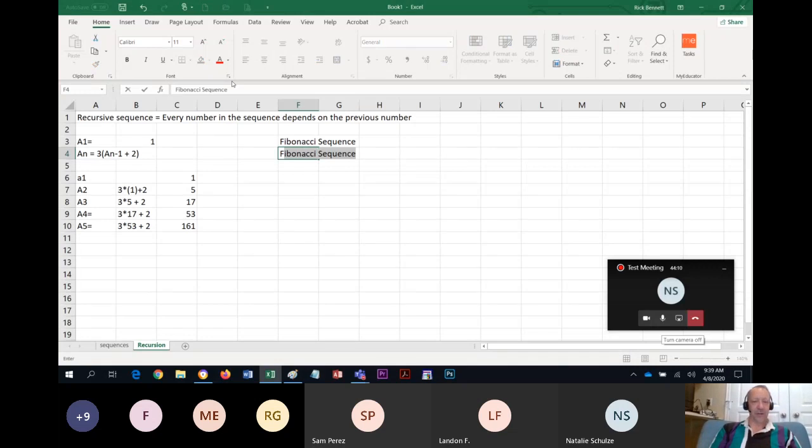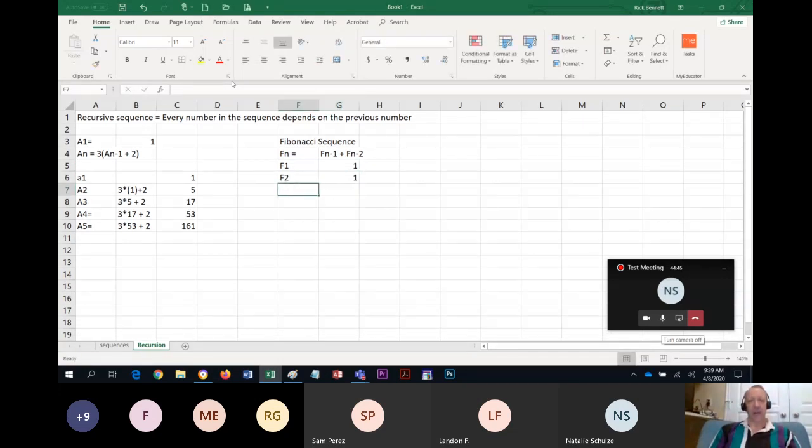So the Fibonacci sequence is f sub n. It's a very famous sequence in math. F sub n equals f, and then pretend this is a subscript n minus 1, plus f sub n minus 2. Okay? So in this case, because it represents the last 2, f1 by definition is 1, and f2 by definition is also 1.